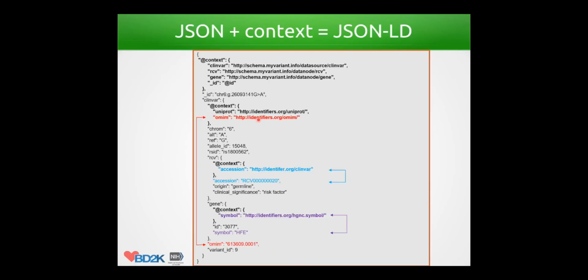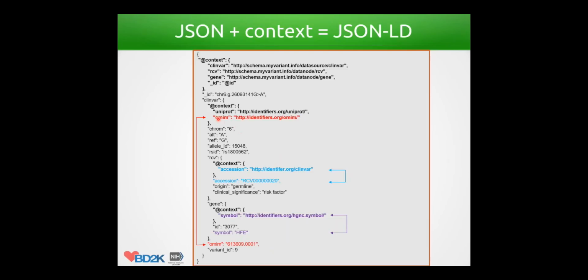You can see here we are using a so-called identifiers.org URI. This is a project done by EBI. They provide very nice, unique, stable URIs for a lot of commonly used identifiers. And I think here it serves a perfect use case for the MyVariant.info JSON-LD context.